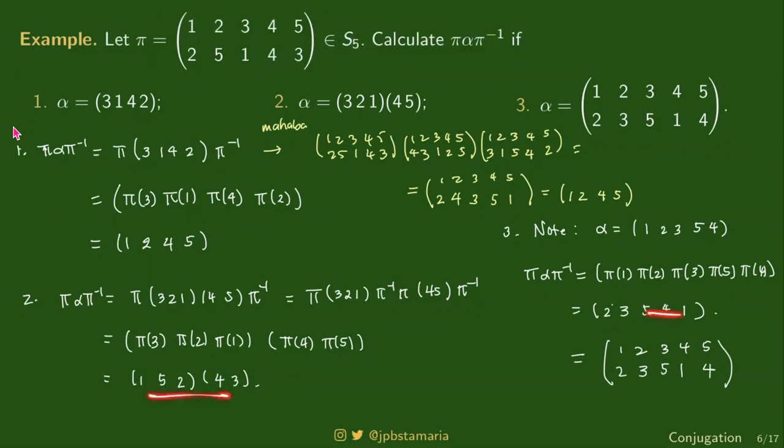Yung ganito, rather than writing this kasi this is more compact. Na hindi, you don't have to write in 2 rows. Ito isang row lang. Nagkakaintindihan na tayo kung ano yung permutation, di ba? So, but again, it's just a matter of preference. Wala naman akong nire-require unless i-require ko. Okay? Do you get this example?